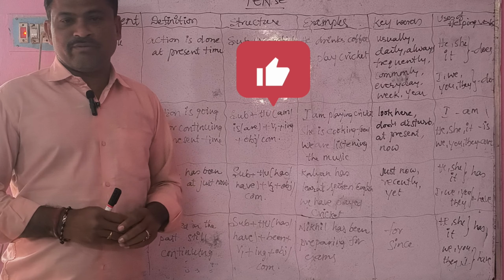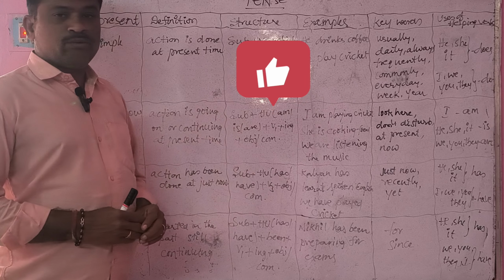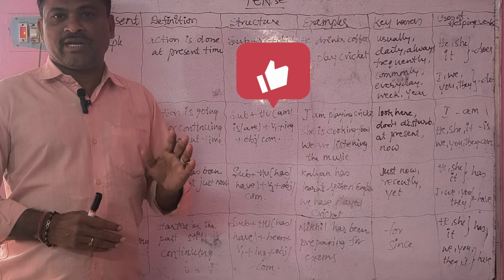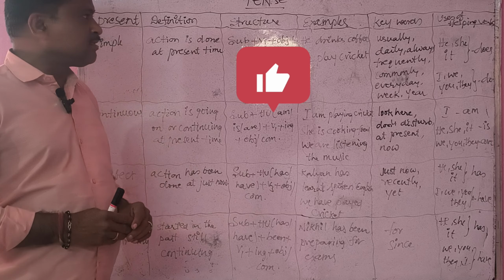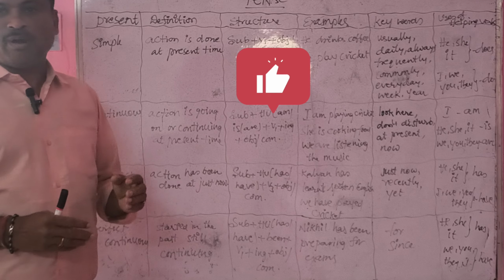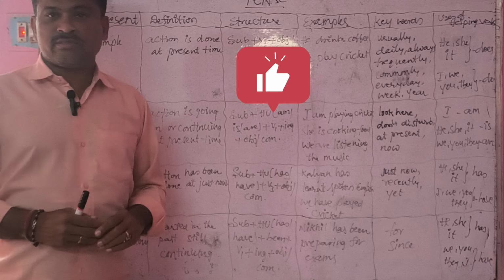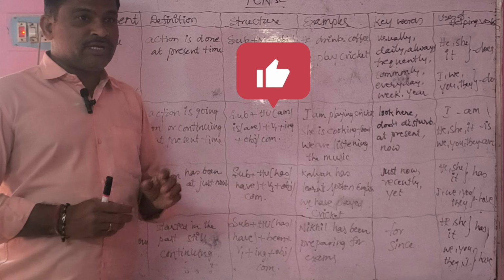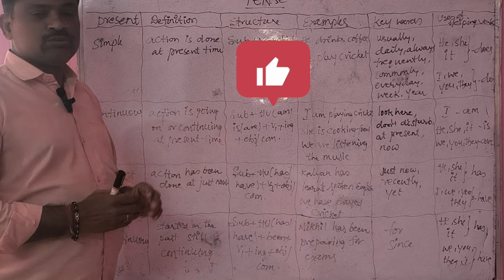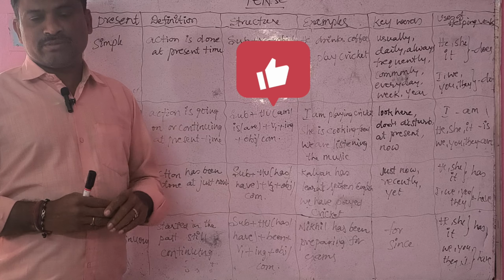Again, if we observe it, really we have three types of tenses. They are present tense, past tense, and future tense. Again, each tense is divided into four types.